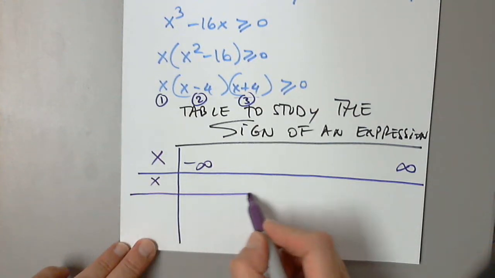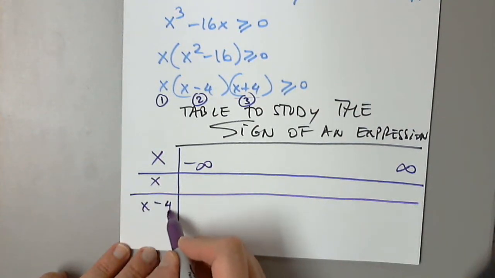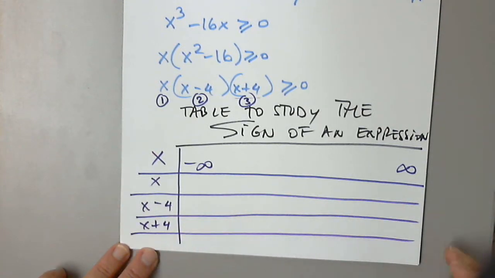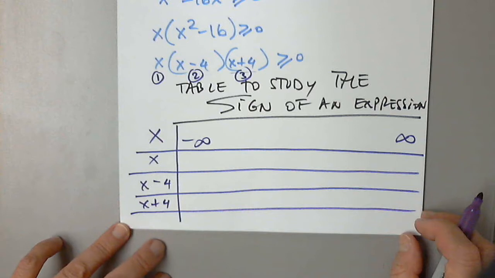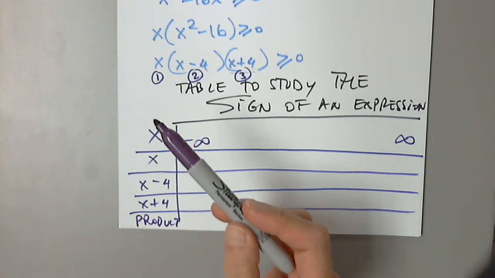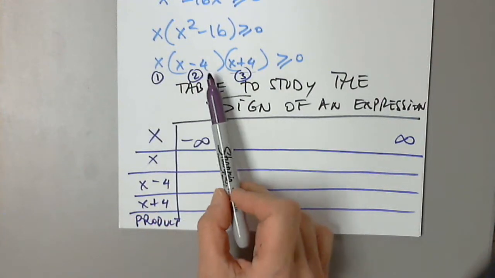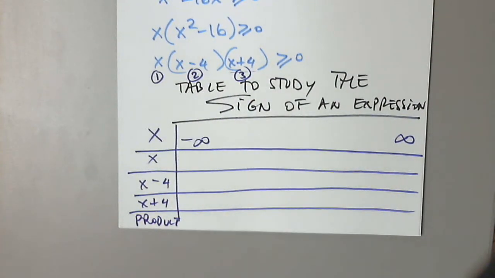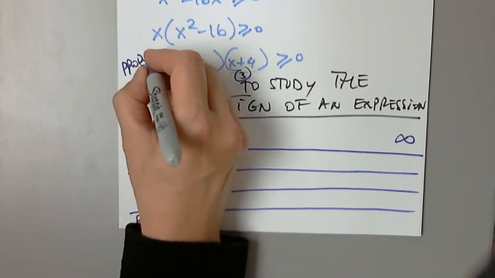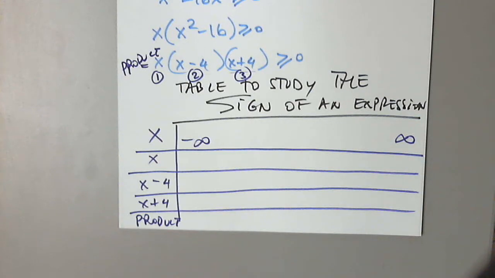Then I'm going to list each and every factor I see with its own row. And here, because I ran out of room, I'm just going to say the product. But you should write, if you have room, x times x minus 4 times x plus 4, because that's the product that I'm talking about. It's just that I ran out of room.